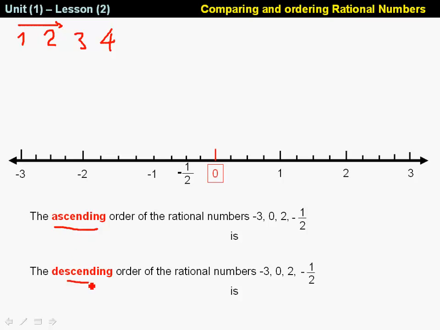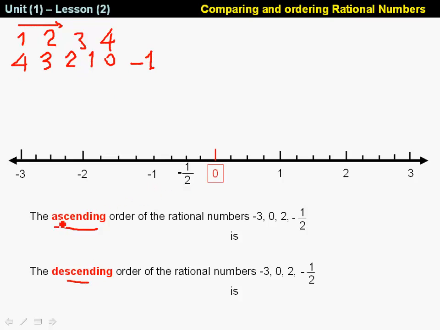Descending is from big number to smaller number. 4 is large, 3 is smaller, 2 is smaller, 1 is smaller, 0 is smaller, and so on. So they are in descending order.